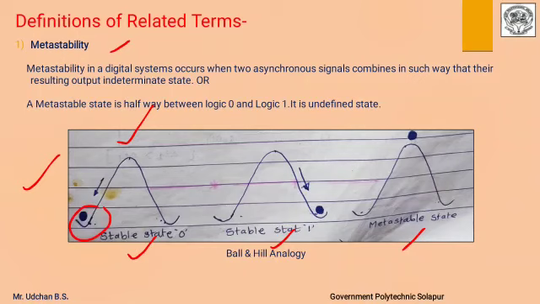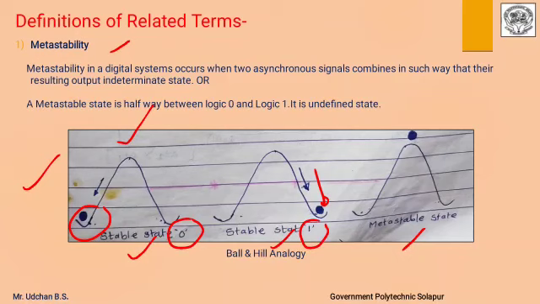If we apply a strong force, the ball goes right over the top and lands in a stable state, that is stable 0 state. And if we apply a weak force, it falls back to its original state, which is also a stable state, named stable 1.